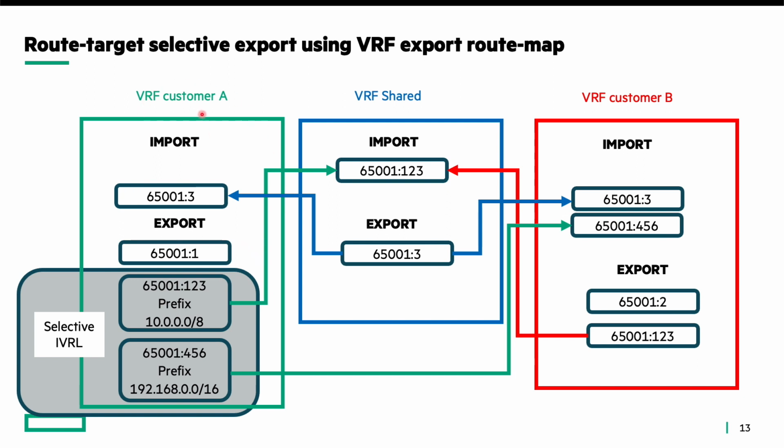Let's say the customer A green VRF is the egress VRF leaking the routes. It will leak routes to the VRF shared, the blue one, and the VRF customer B, the red one. For any reason, the 10/8 will be exported to the VRF shared, but the 192.168.0.0/16 will be exported only to customer B.